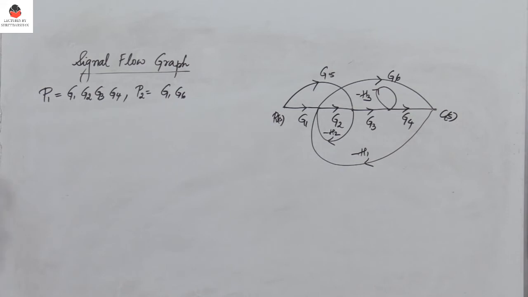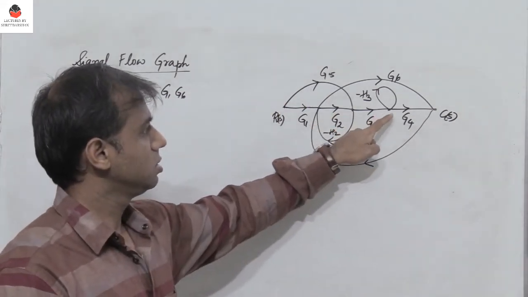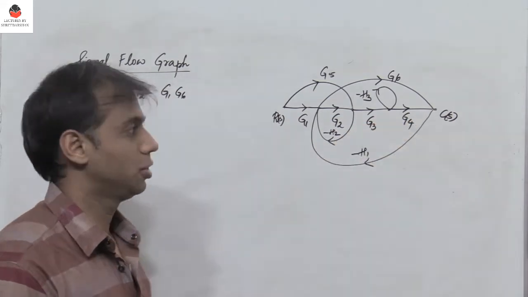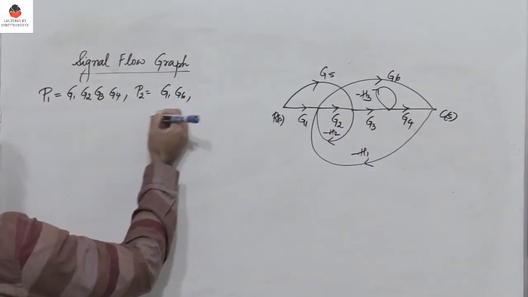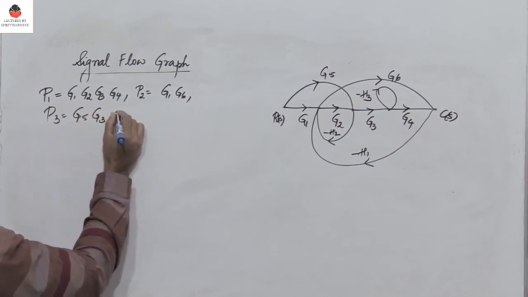Next I have another forward path. I can go like this: G5, G3, G4. So then I have P3, which is G5, G3, G4.